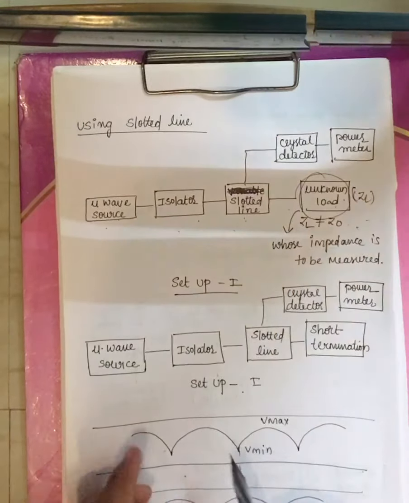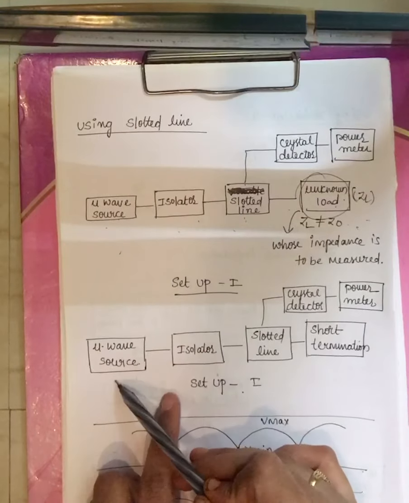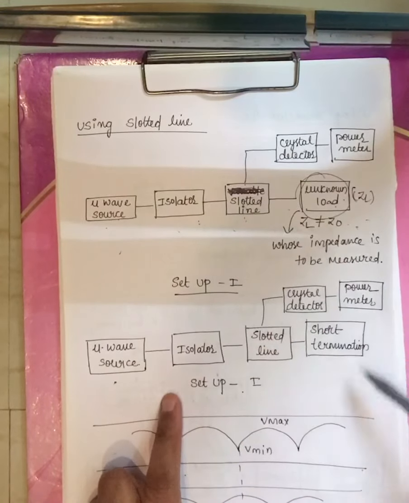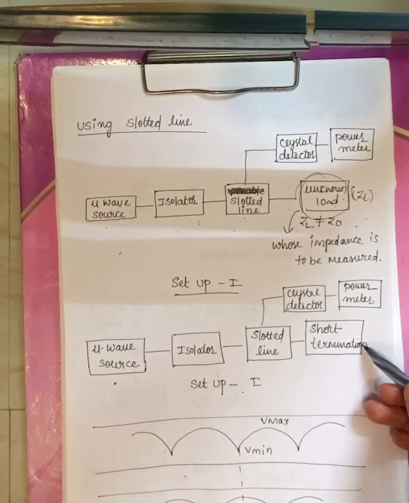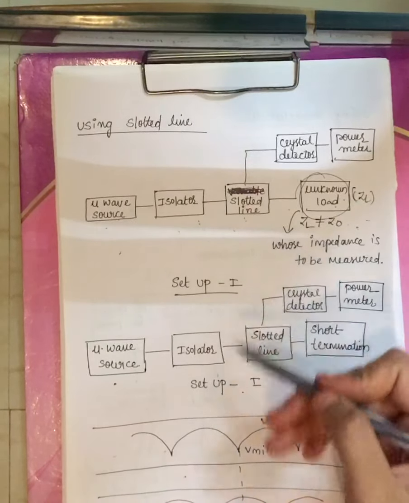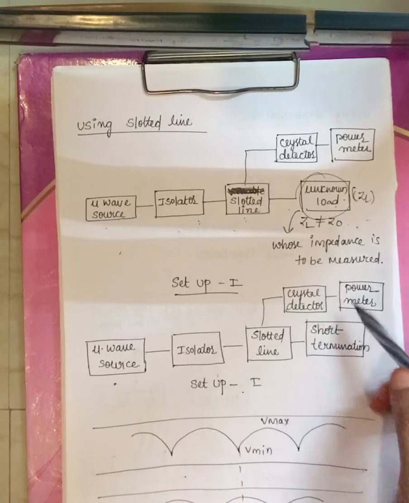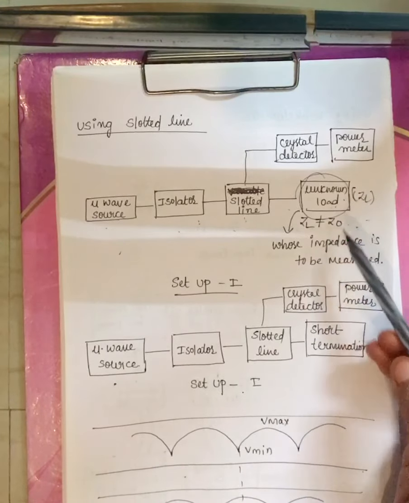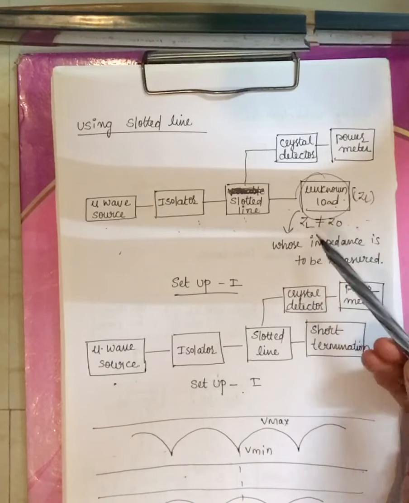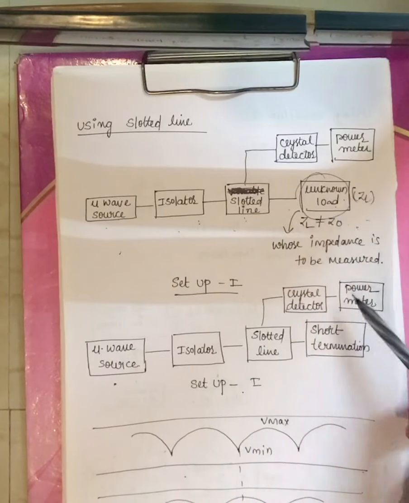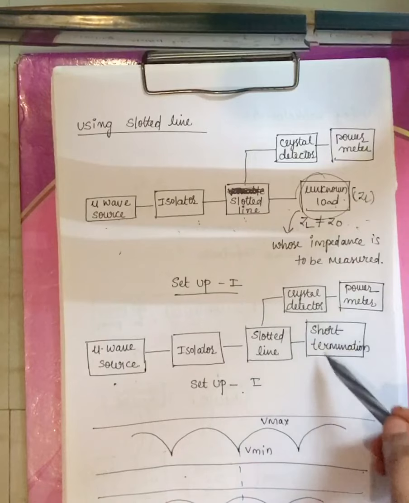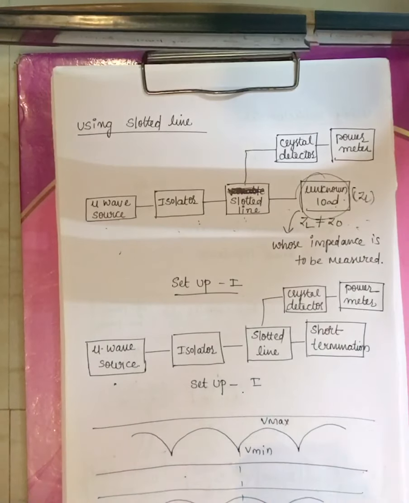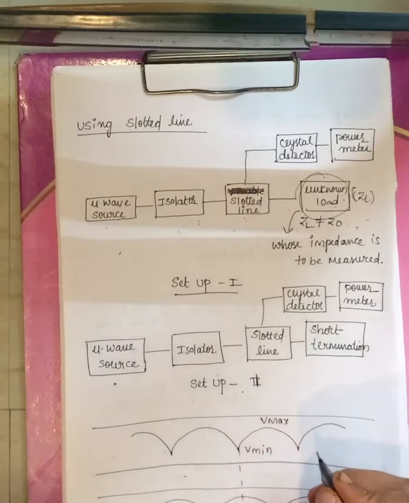Coming to setup 2, you have a microwave source, isolator, slotted line, but here the load is terminated with a short termination. The only difference between setup 1 and setup 2 is that in setup 1, the load impedance that we want to measure is connected to the slotted line, and in setup 2 it is terminated with a short.